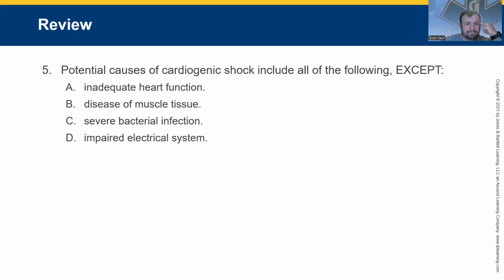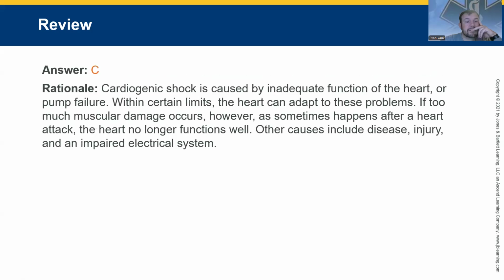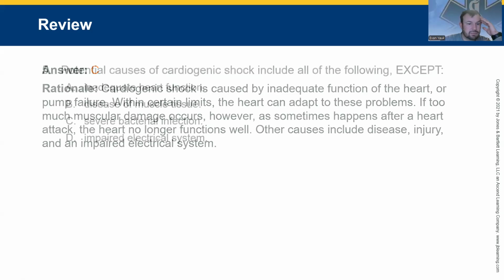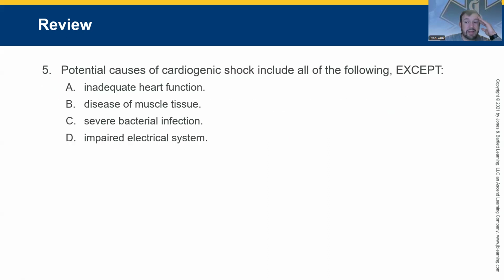Hmm. Okay. I'm not going to get another one wrong because I'm not going to say what I think out loud, but see, cardiogenic shock, inadequate. Okay. So bacterial infection, that would be a septic shock.